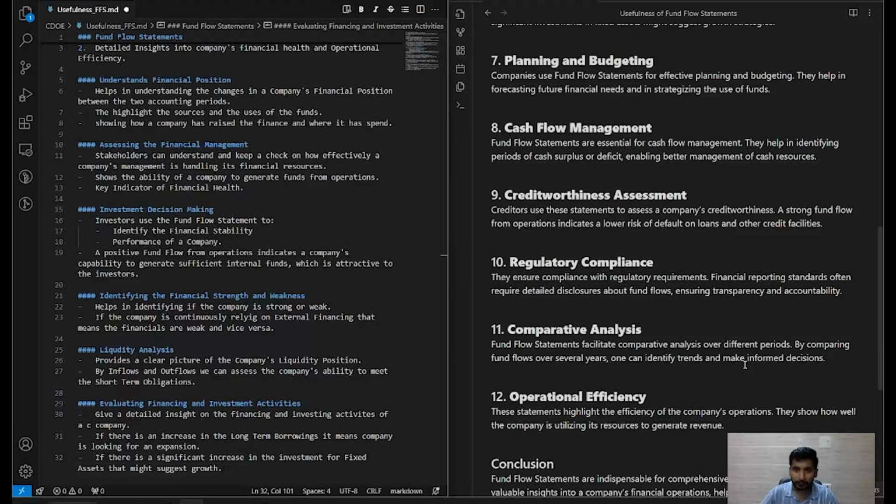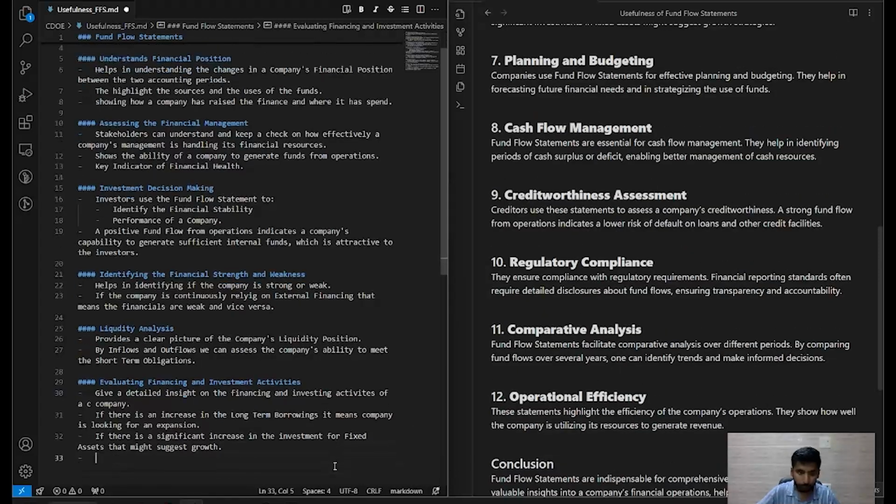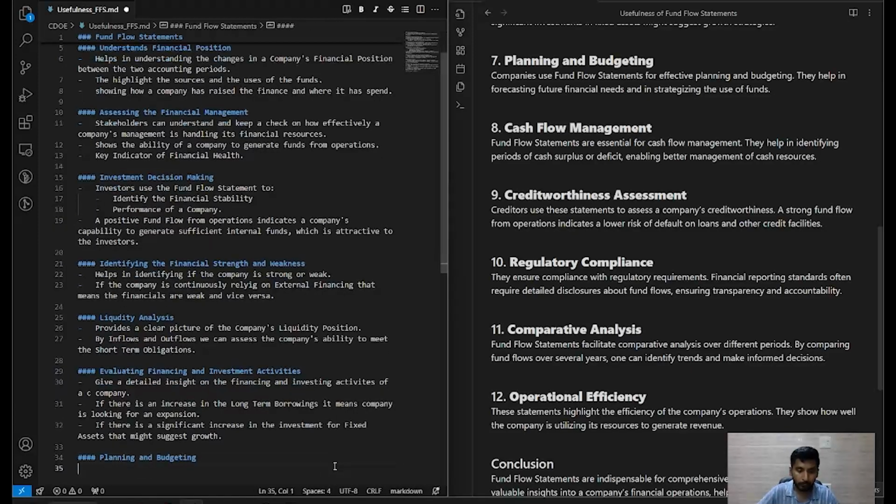Other than that, it is also helpful in planning and budgeting. Companies use fund flow statements for effective planning and budgeting.